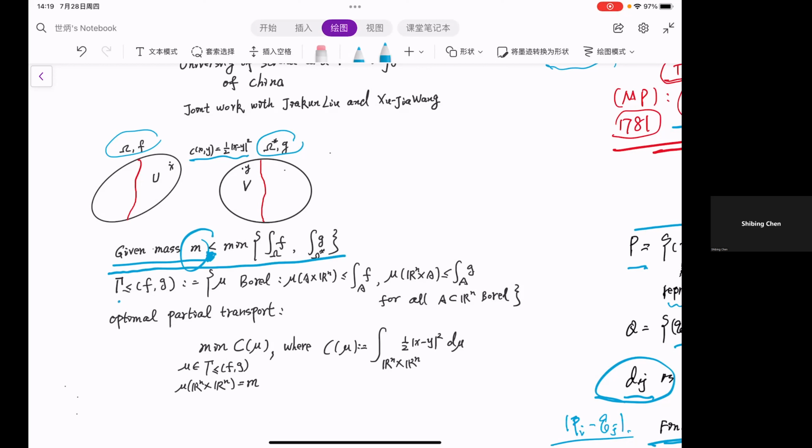But using probability language, we need to formulate the problem in the following way. First of all, let me define a set gamma. It's the set of joint measures, with the notation gamma less than or equal to f, g.